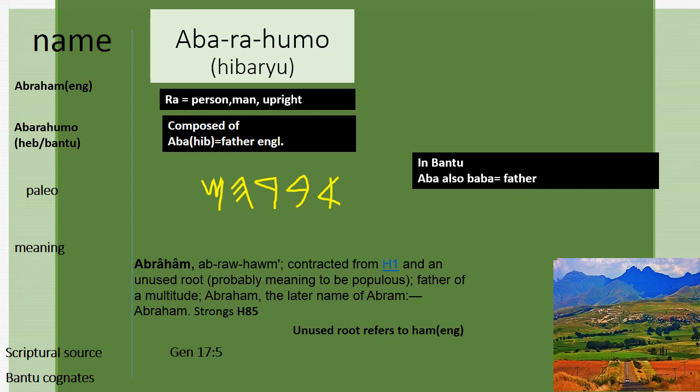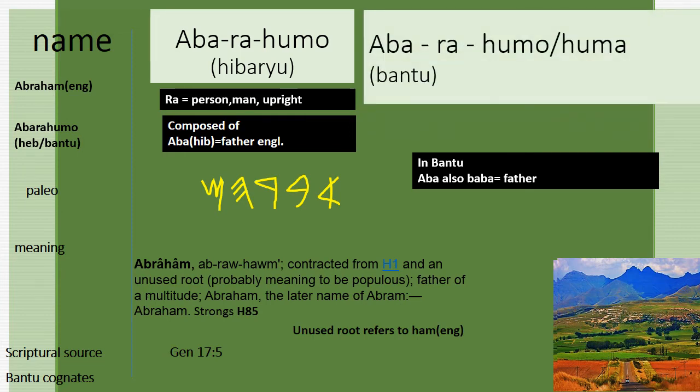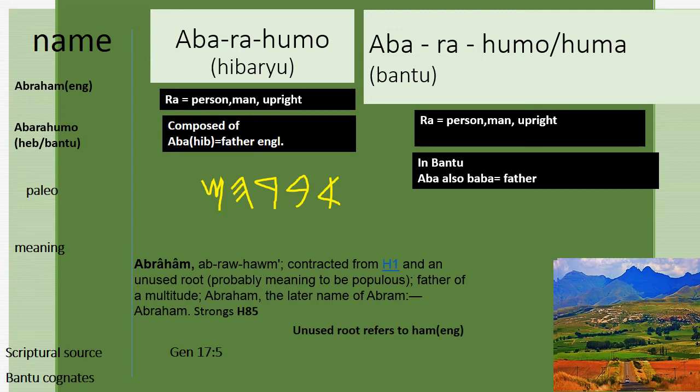And this name, if we look at it from Bantu, we can see the similar formation of this word. We can see the etymology of this word. We can see how this word originated. Like we said, Abba in Bantu is Abba as well. The Ra in Hebrew is the same with the Ra in Bantu. Everything is exactly the same.